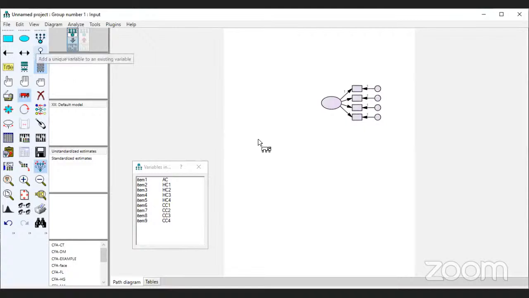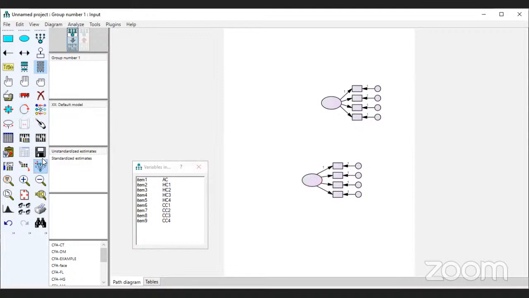We can repeat the same thing because we have another factor, having four variables also. I'm going to click another one here. So 1, 2, 3, 4. Then you have to do the same thing here by rotating it. Otherwise you have to click on this so that it will not continue to rotate.